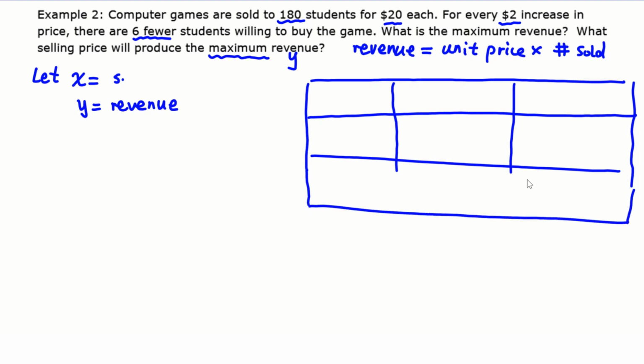We put the unit price here. Put the 3 variables in this formula, in this chart. Unit price, then the number sold, then revenue.